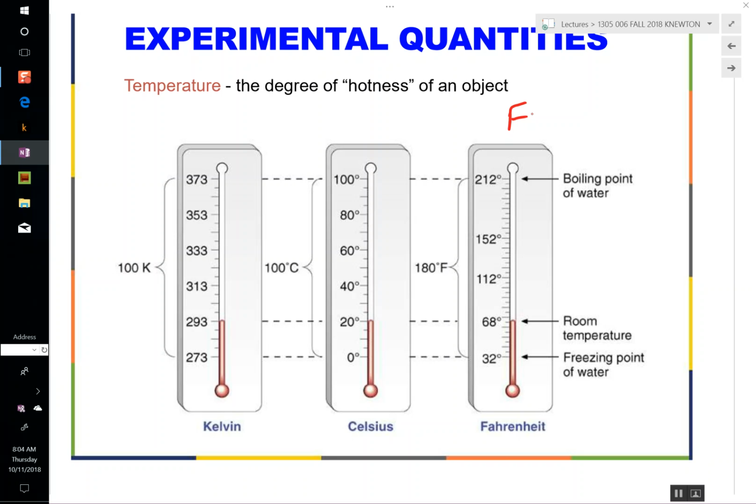The thing that I'd like you to appreciate is they have two very fixed reference points, centigrade and Fahrenheit. Their reference points are something that we can easily get at no matter where we are in the world. Freezing point of water. That is a physical property of water, where it freezes.